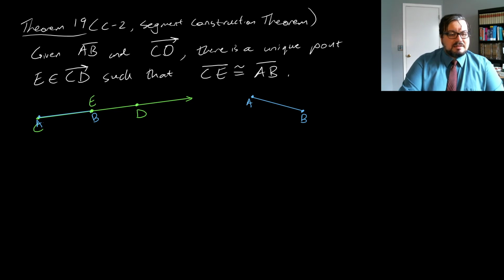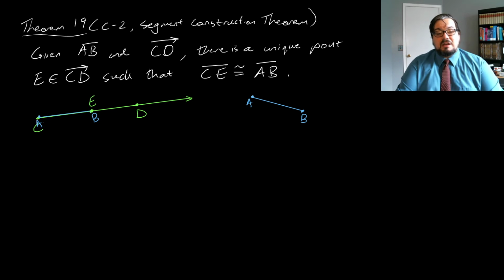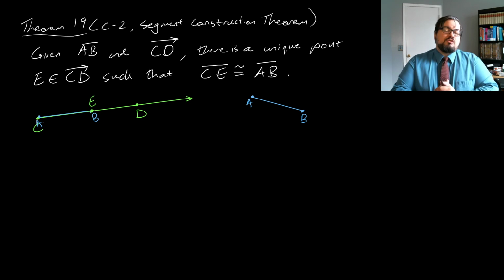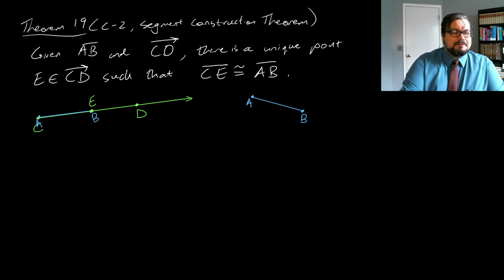And if we do that, then the segment CE is going to be congruent to the segment AB. So that's the idea behind it. And so in particular, this means that we should be able to construct copies of any segment we like onto any ray that we like. And that's exactly what this theorem is saying.